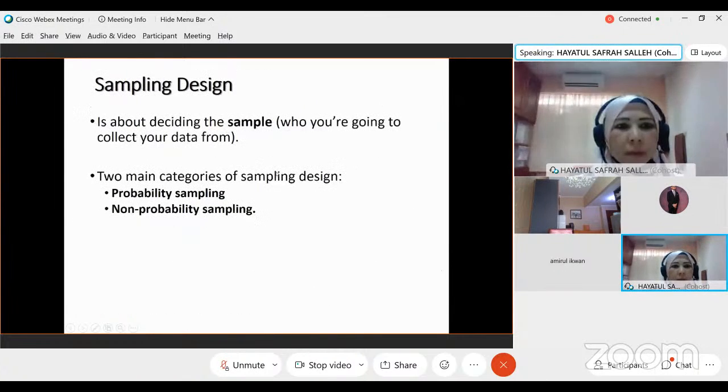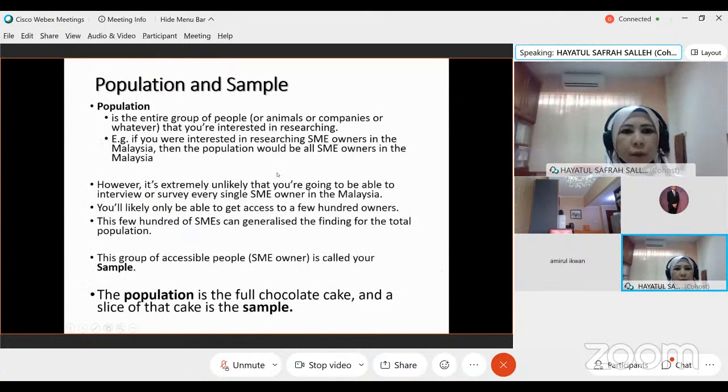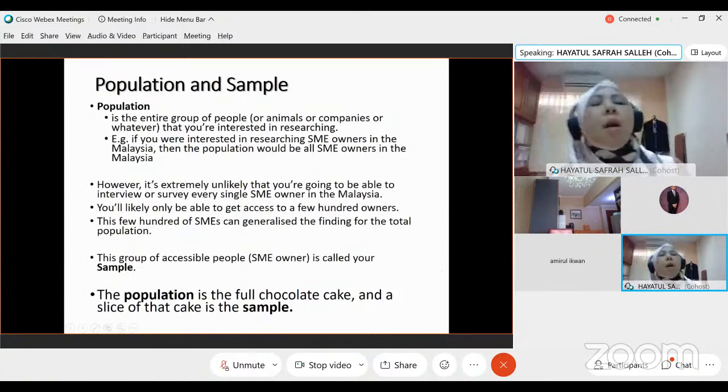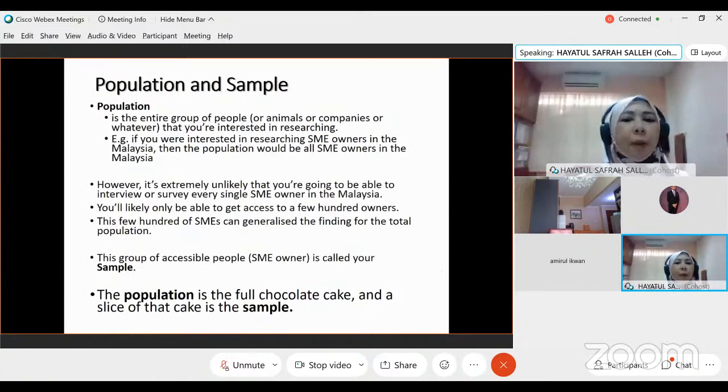Sorry. Okay. Now we go to the population and sample. Population is the entire group of people, or maybe animals, or maybe companies, or whatever. It depends on your study. So normally for social science, we use companies, like SMEs, and also people, whether urban people or coastal communities or students.